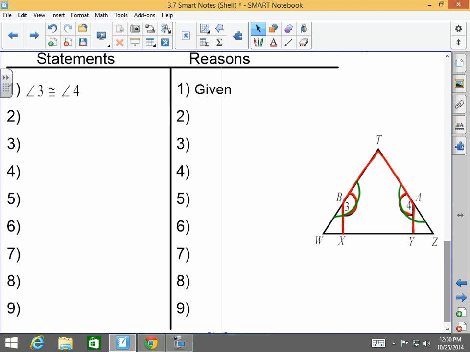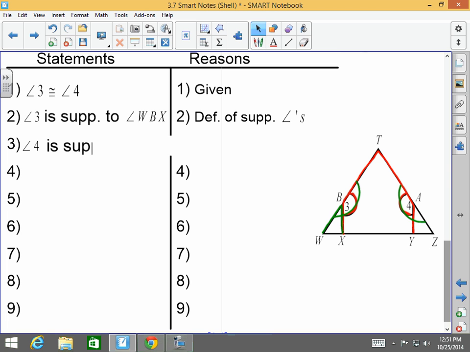So we can state that angle 3 is supplementary to angle WBX, this angle right here, because of the definition of supplementary angles. On the other side, angle 4 is supplementary to angle YAZ, which is this angle right here, also because of the definition of supplementary angles.